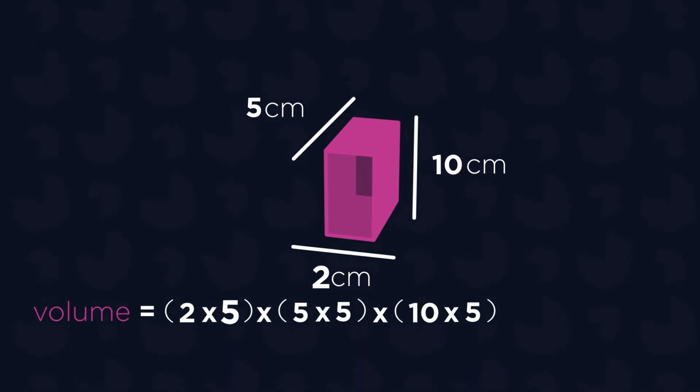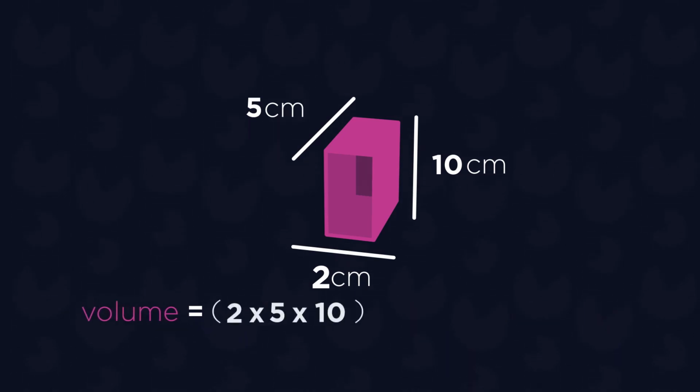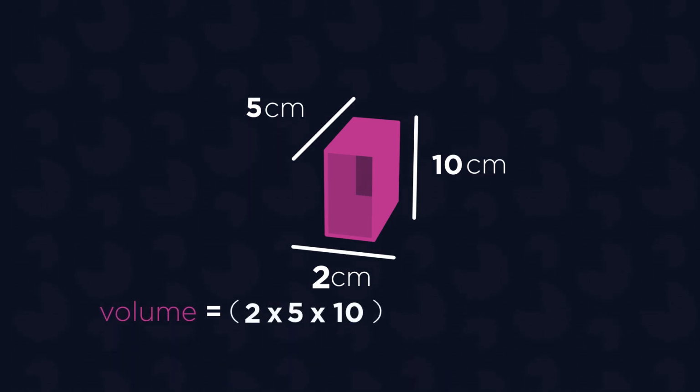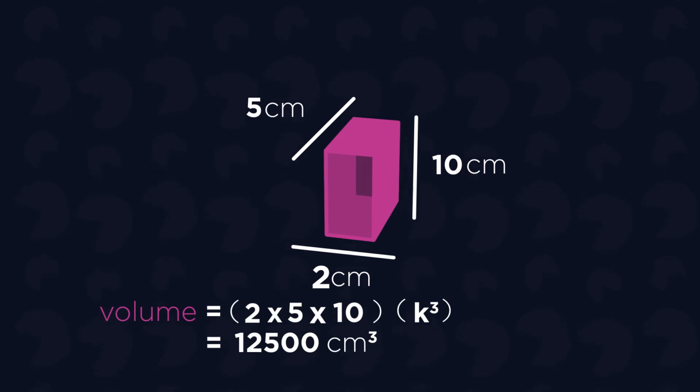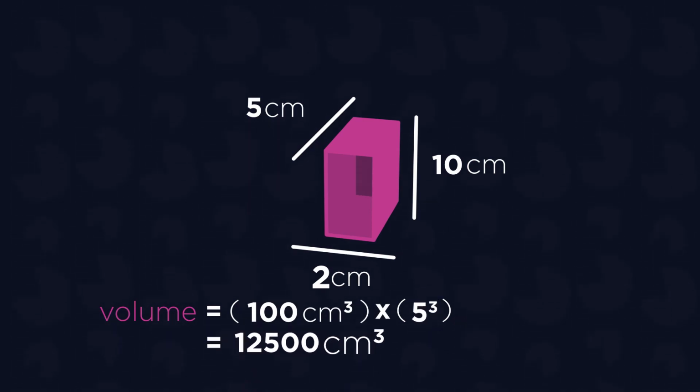So 2 times 5 times 5 times 5 times 10 times 5, which equals 12,500 centimeters cubed. Or we can simply multiply the original volume, so 2 times 5 times 10, which equals 100 centimeters cubed, by k cubed, which is 5 cubed, which equals 125. That gives 12,500 centimeters cubed.